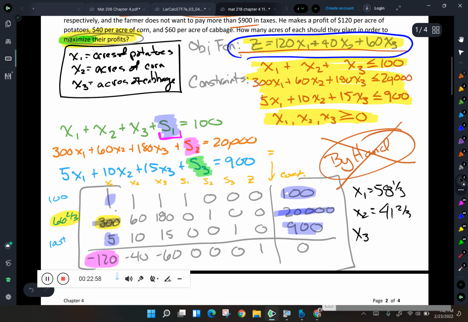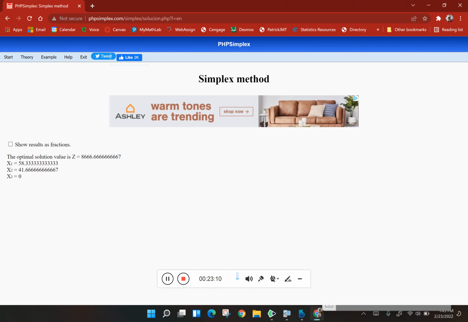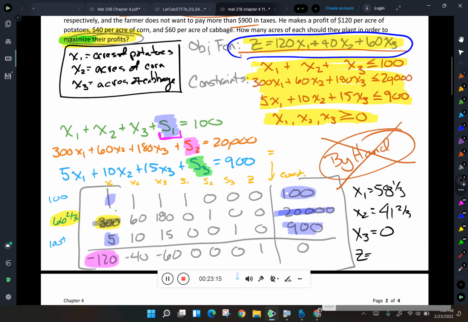And our x3 would be 0. Our z value, the maximum value of our objective function, what was that? That was 86,000? No, 8,600. 8,666 2/3. These were dollars, so that's kind of weird to think about dollars that way. Okay? And so there's our optimal solution.